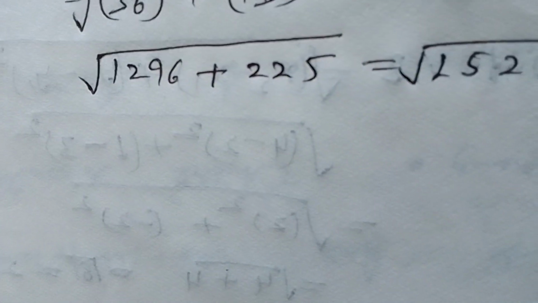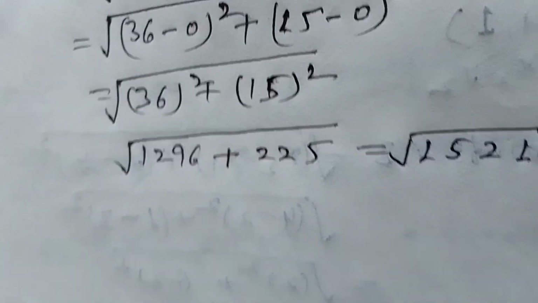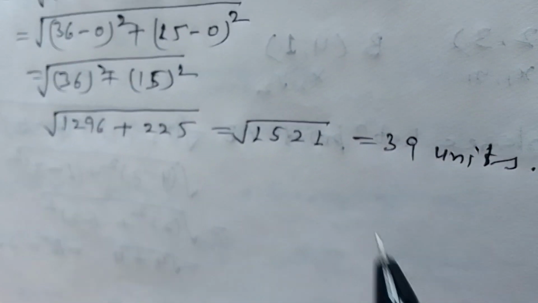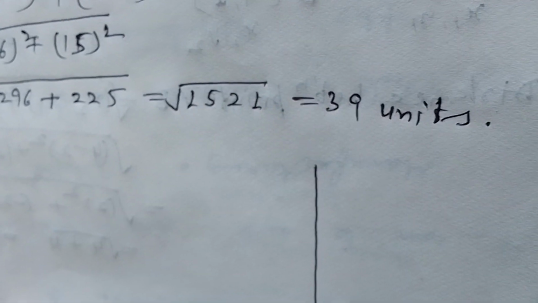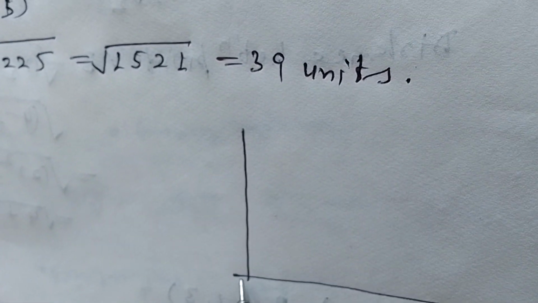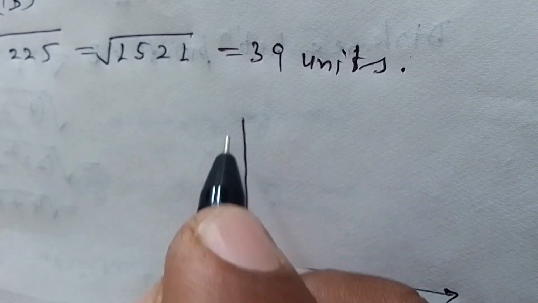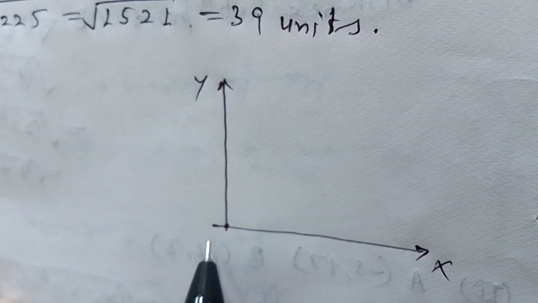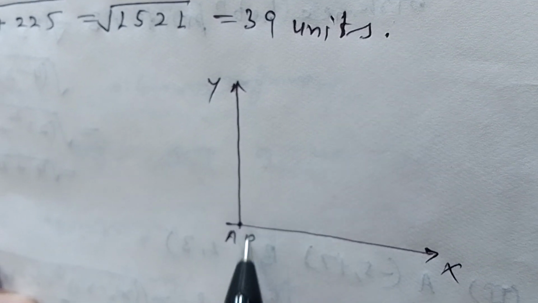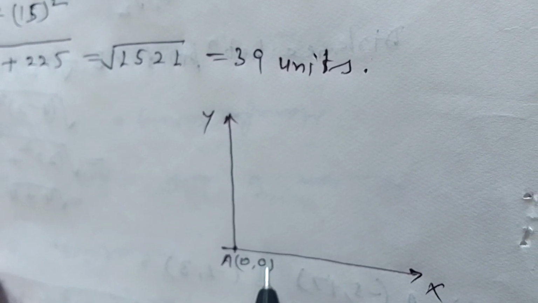Now the distance between two cities in section 1.2 is shown like this. This is the x-axis, this is the y-axis. Point A is considered at the origin, which has coordinates 0, 0.